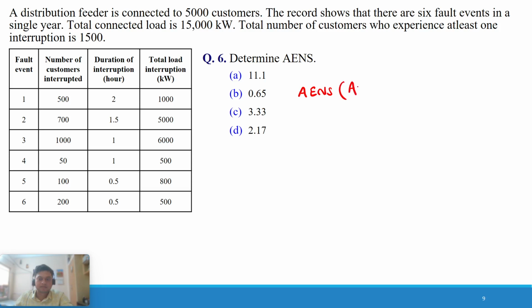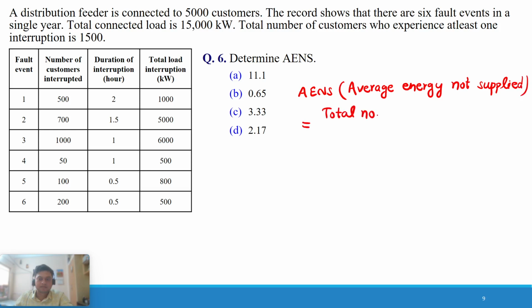Average energy not supplied. It is the ratio of total energy not supplied to the total number of customers served.